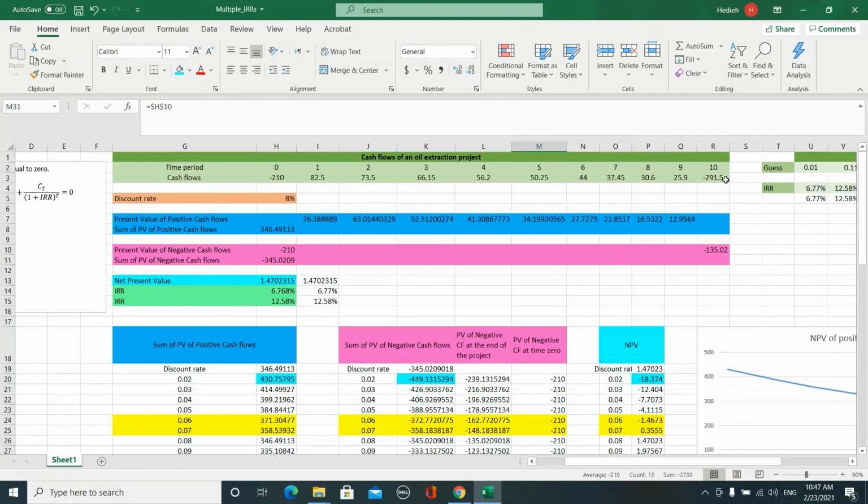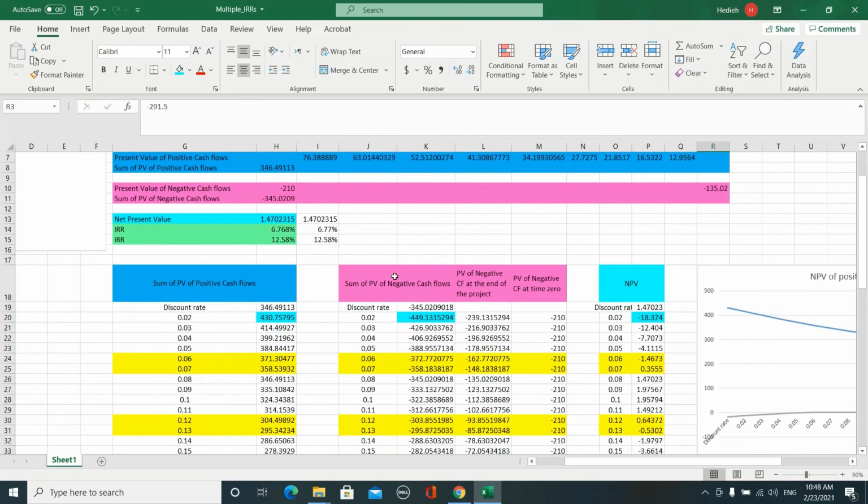So in other words, observing multiple internal rates of return is because of how cash flows are placed in the stream of cash flows for your project. It's because you have a large negative cash flow at the end of the project after all of your positive cash flows.